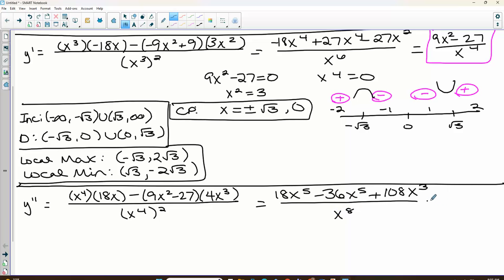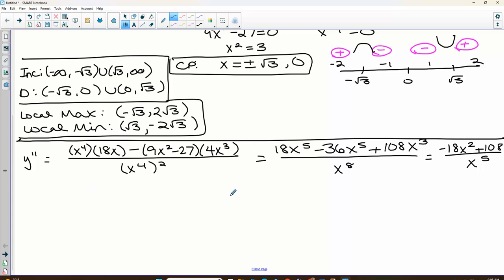Okay, I can reduce x cubed and combine like terms. So we get negative 18x squared plus 108 over x to the 5th. So inflection points, when that is 0 or undefined.